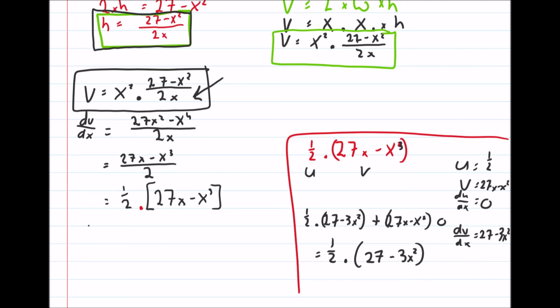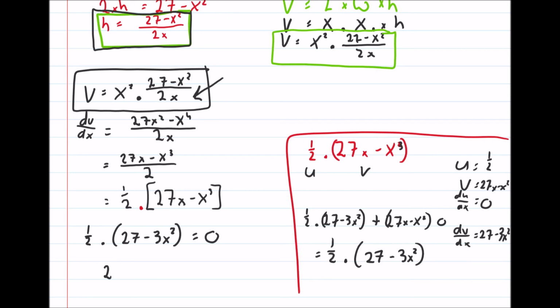So here we go, a half multiplied by 27 minus 3x squared, let it equal 0 and solve for x.